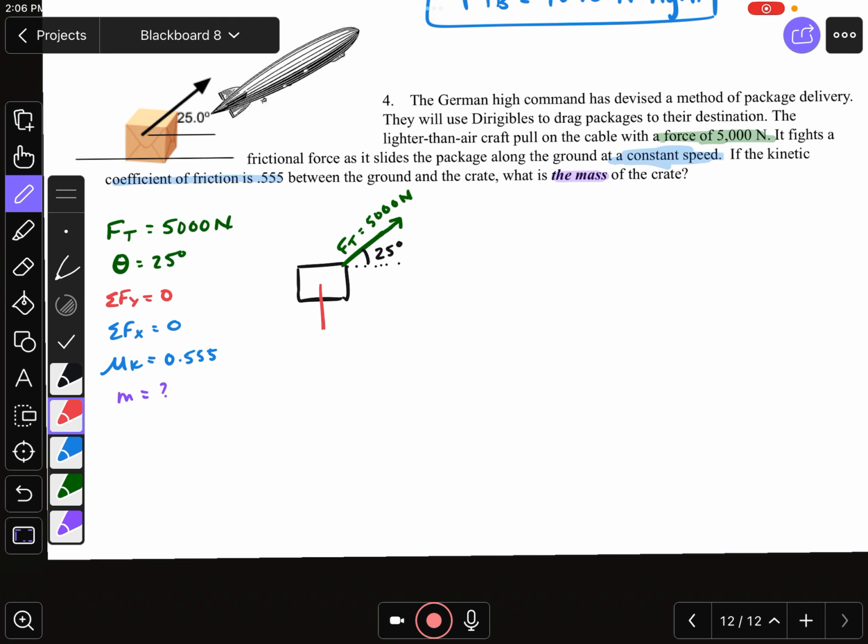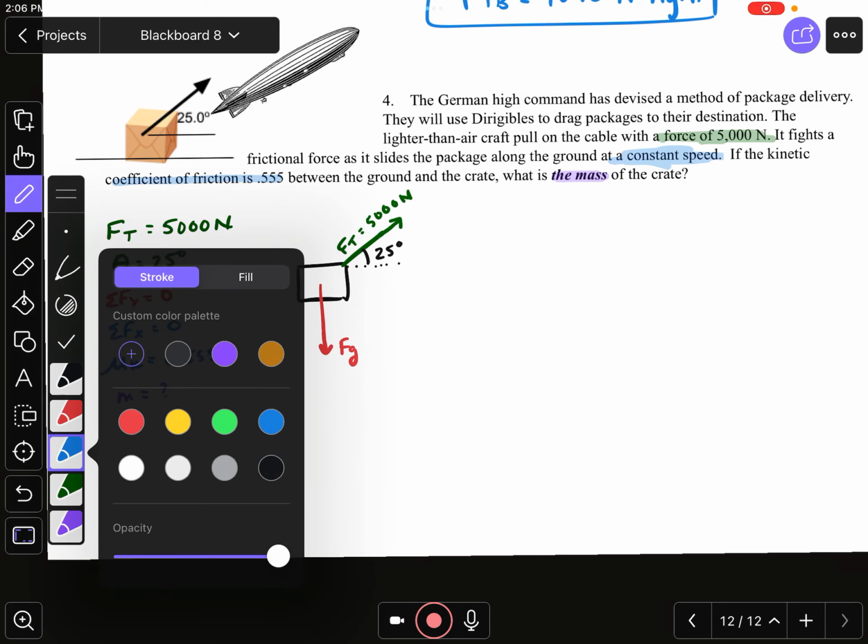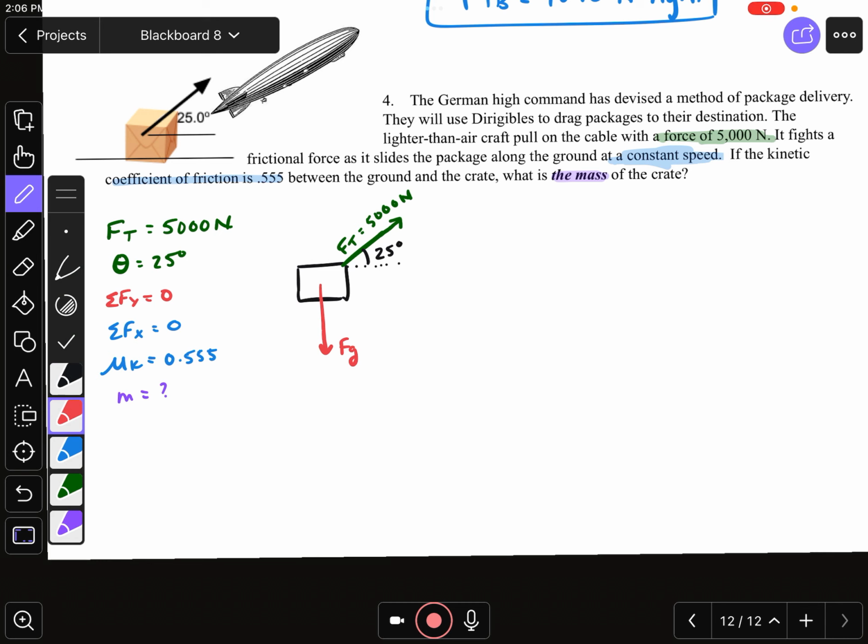I'm going to draw that a little larger. And then we have the force of friction. Oh, hold on. We still have a normal force because it's still pushed against the ground, but it will be a little smaller than normal. It will not be equal to Fg. And I'll talk about why in a second. Then we have the force of friction going back.